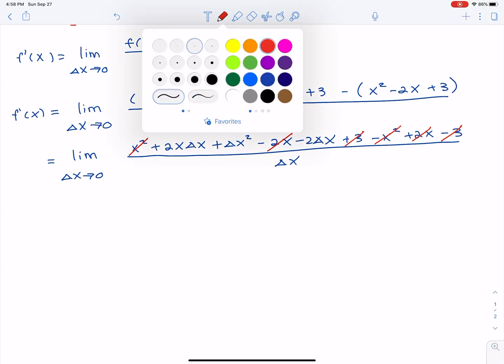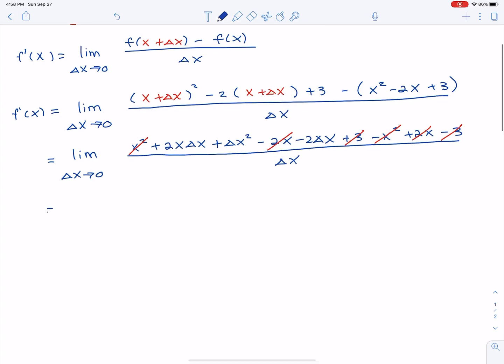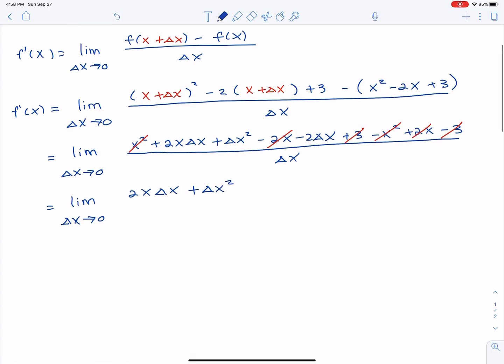So let's do a rewrite on this now. What do we get? We get the limit as delta x approaches 0 of 2x delta x plus delta x squared minus 2 delta x. Looks good to me. Let's keep on going, all over delta x.